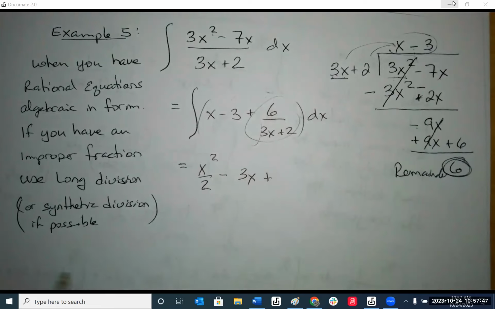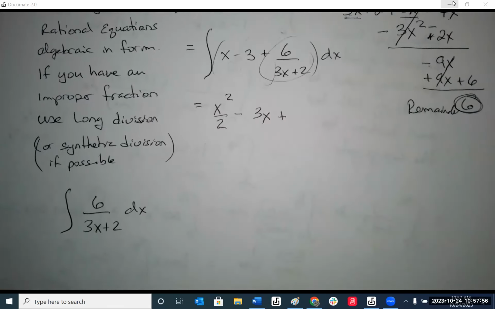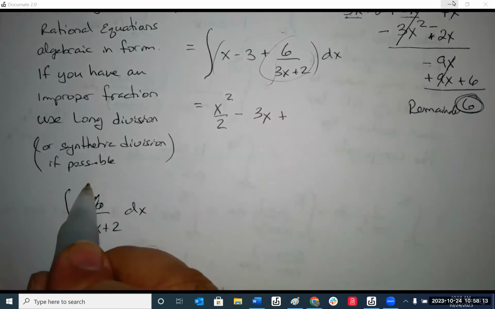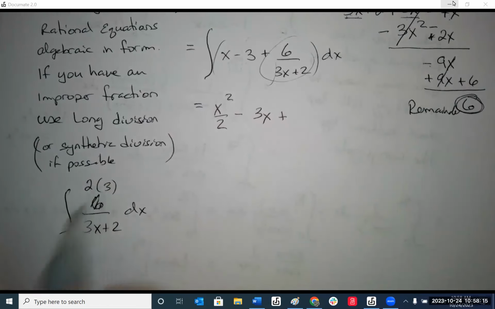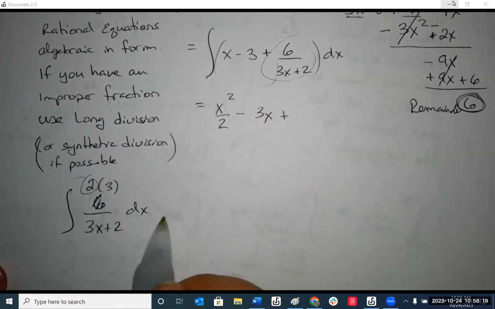Let's look at this one. So if we took the derivative of the bottom, what will we get? 3. Is there a 3 on top? This is 2 times 3. So this 2 is simply a constant since it's not really needed.